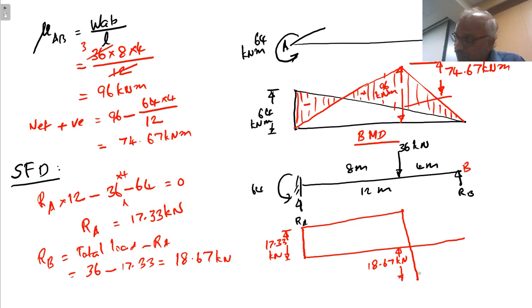From here to here there is no loading, therefore again horizontal, and RB is 18.67 kilonewton. So this is positive and this is negative. This is the SFD.